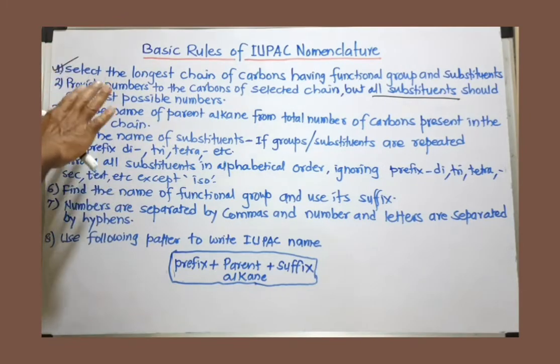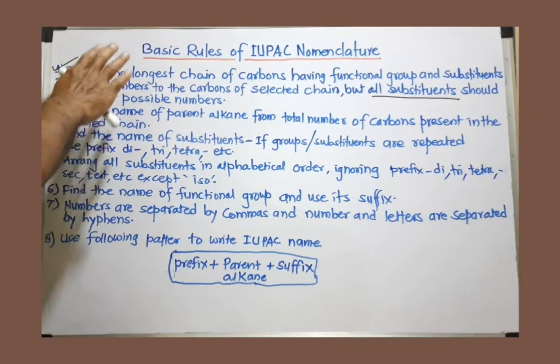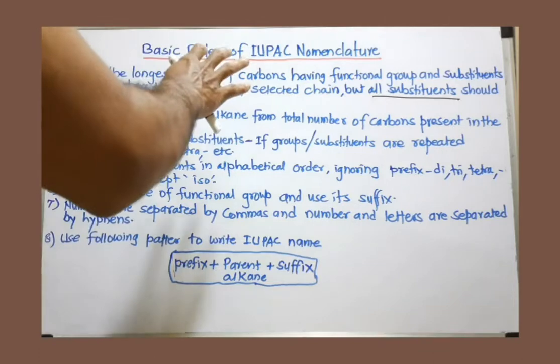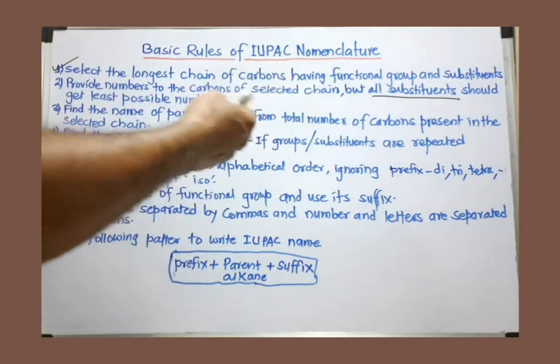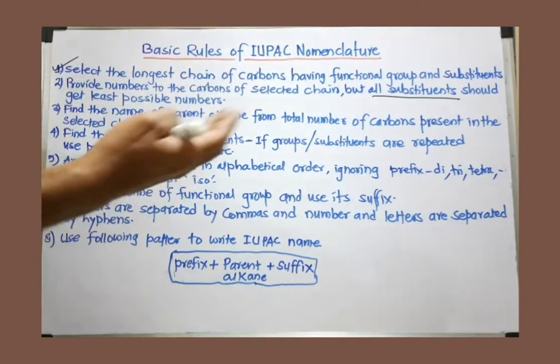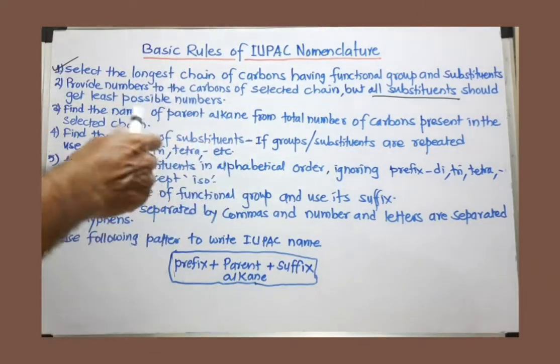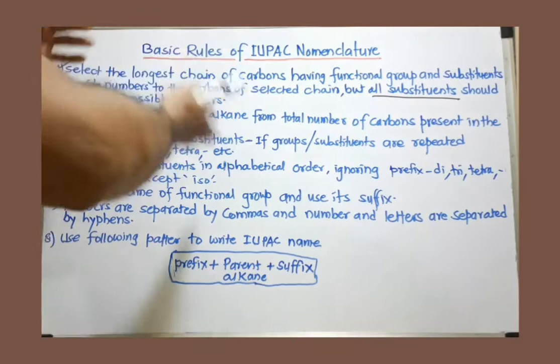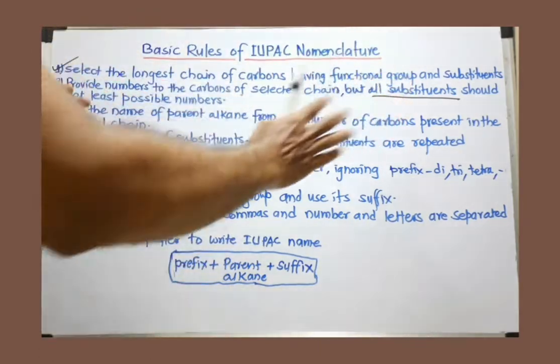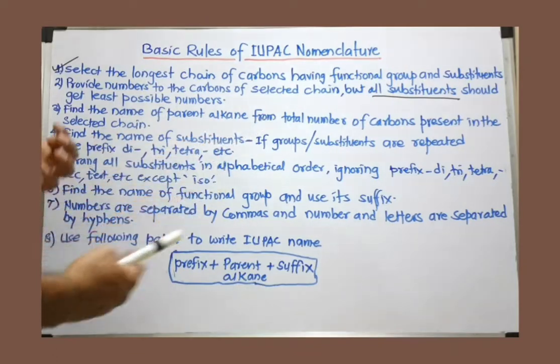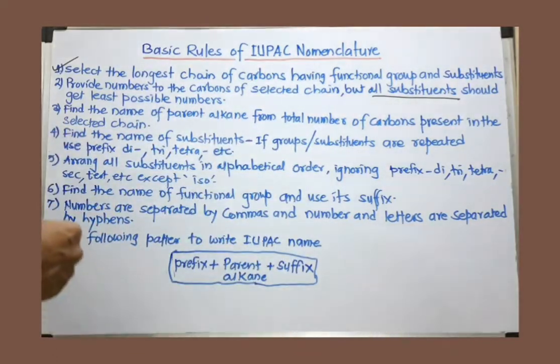So I have written here the rule in a general form that may be applicable to most functional groups, and for other functional groups that may not be applicable. So please don't think that all these are fixed rules. This is the guideline which will give you an idea how to provide names to organic compounds.